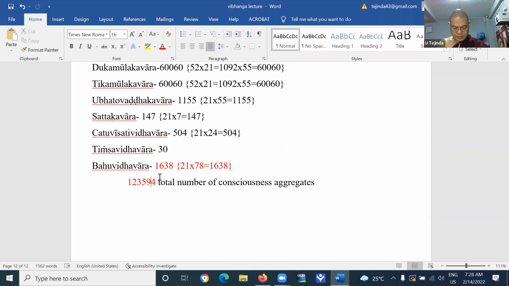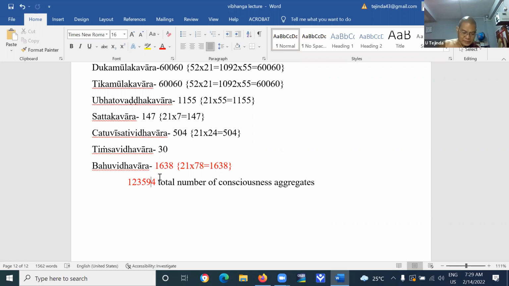The translation is correct, but the number is not correct. The number is wrong, the same number as Saññākkhandha. He copied the Vāra of Viññāṇakkhandha, 1008 instead of 1638. So the number is different there.